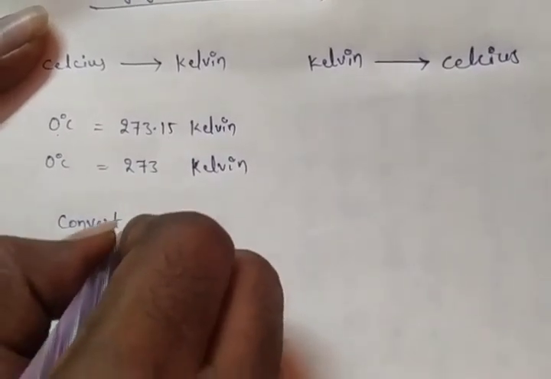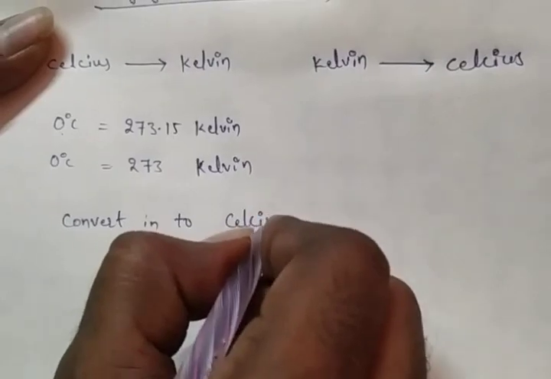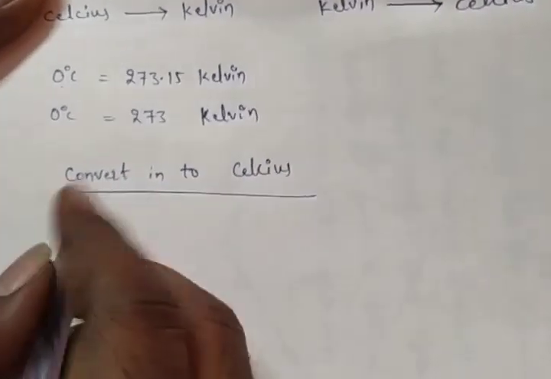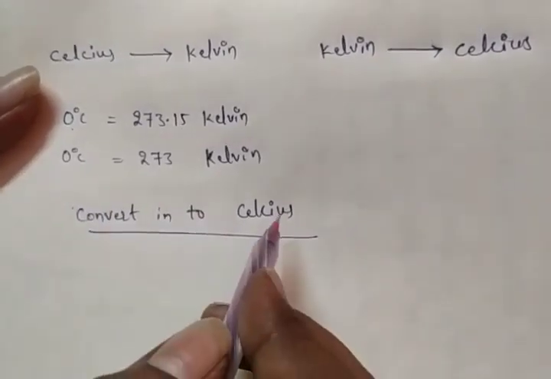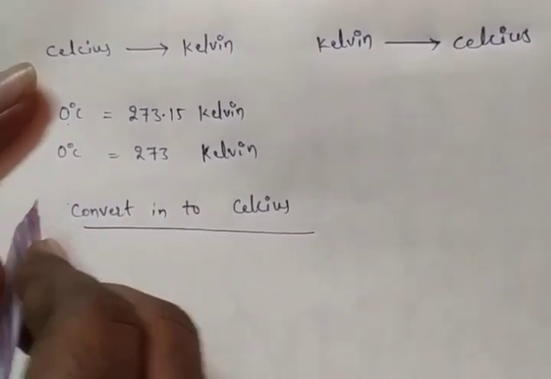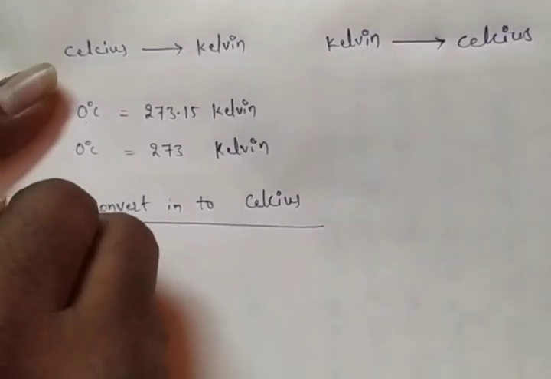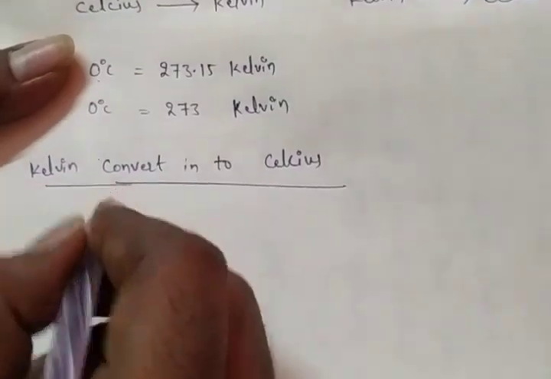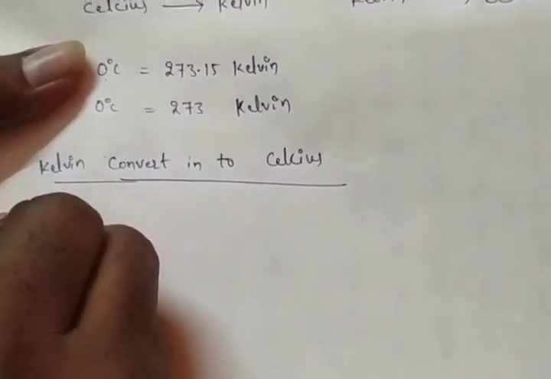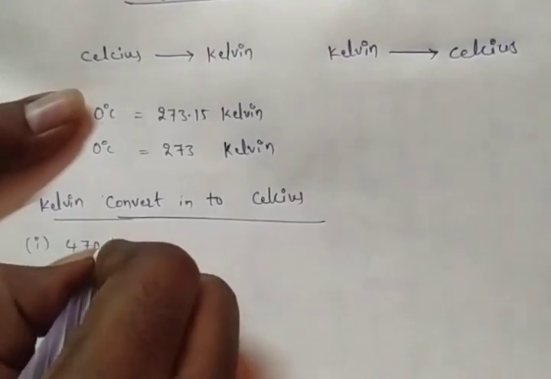Convert into Celsius. Suppose they give the values in Kelvin, how can we convert into Celsius? Here the first value in Kelvin is 470 Kelvin.